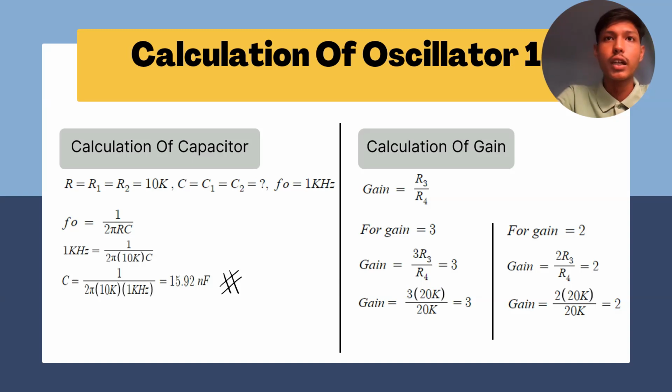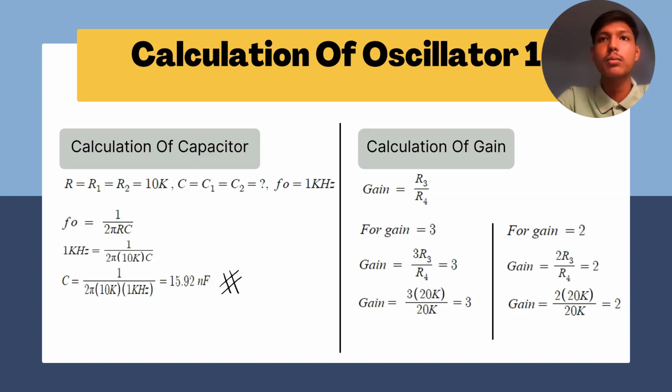So for gain, we have decided to use a value of R4 equal to 20K. To get a gain equal to 3, the value of R3 must be multiplied by 3. As we know, the value of R3 must be greater than R4, and to get a good sine wave, the gain must be lower than 3. If gain equal to 3, the calculation will be gain equal to 3 times 20K divided by 20K equal to 3, and for gain equal to 2, R3 must be multiplied by 2.